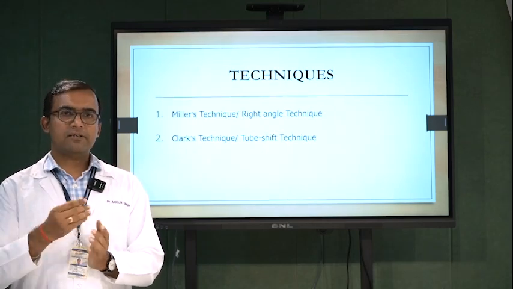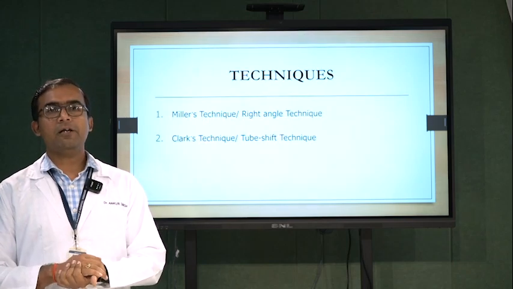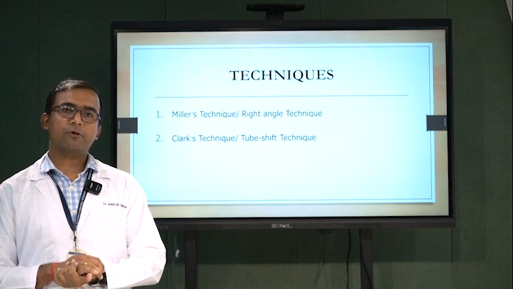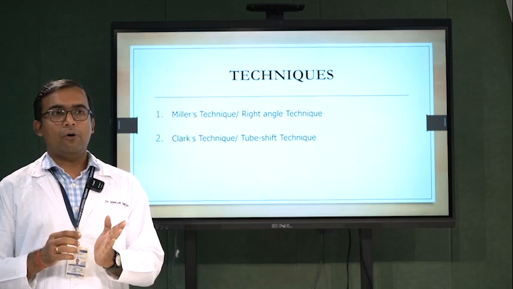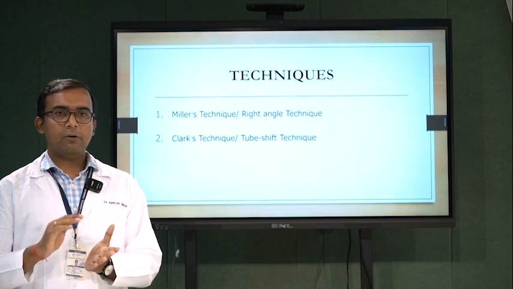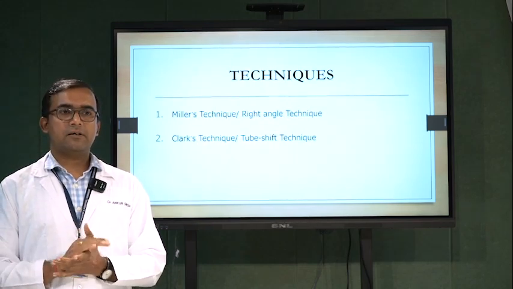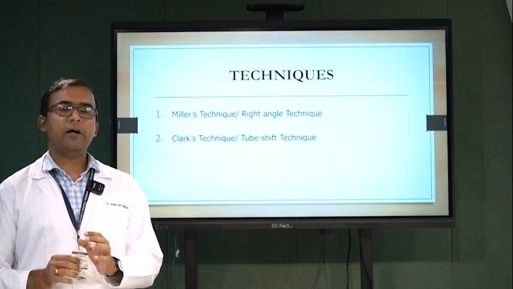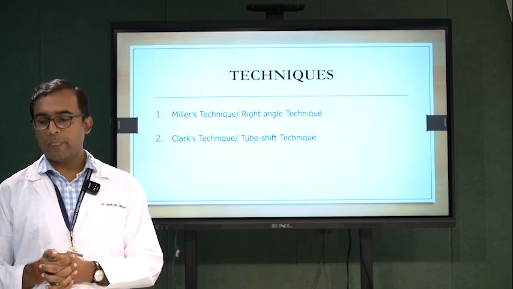OPG also gives the same dimension as IOPA, but perpendicular to these two will be a cross-sectional occlusal. So cross-sectional occlusal will give us the anteroposterior and the bucco-palatal or buccolingual aspect. So this gives us the exact pinpoint three dimensions of the object so as to extract it.